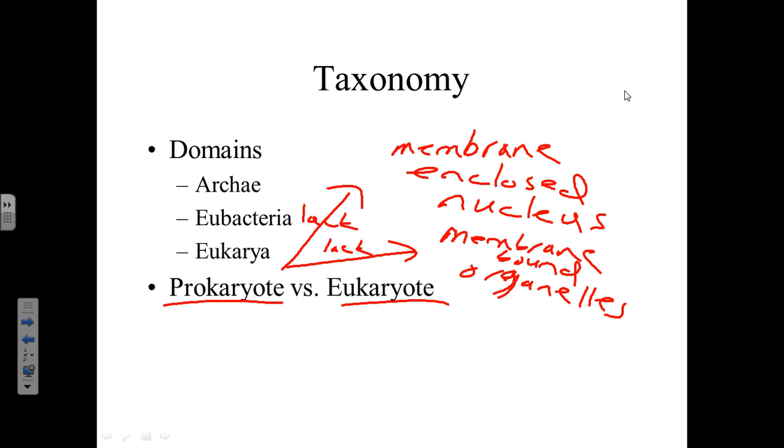So the parts become specialized, and they become way, way more what? Efficient, better at doing their work. So on Earth today, the only things that we might characterize as prokaryotic would be archaea and eubacteria. Every other living thing on Earth is a eukaryote. Every other thing on Earth has membrane-enclosed nuclei and membrane-bound organelles.